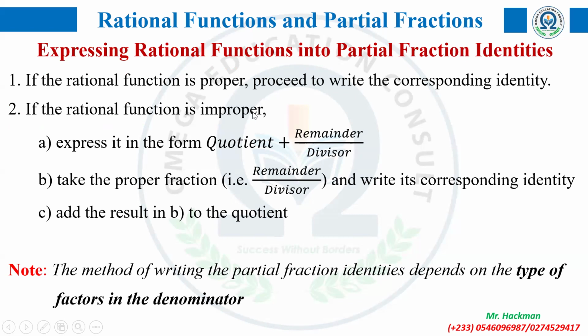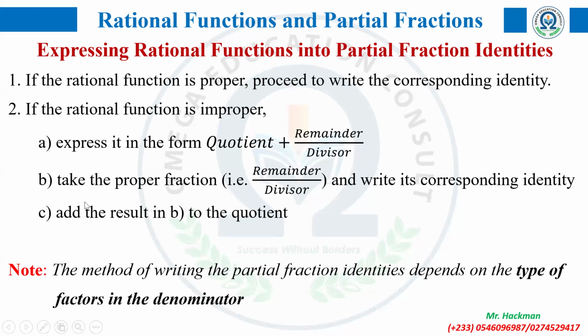However, if it is improper, we didn't say proceed to write the identity. You cannot proceed straight away to write the identity. First step, express your rational function, which is improper, in the form quotient plus remainder over divisor, and you can only do that when you do your long division.